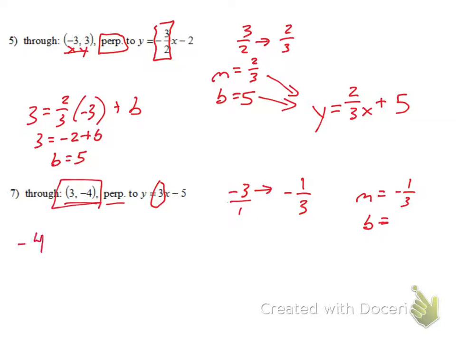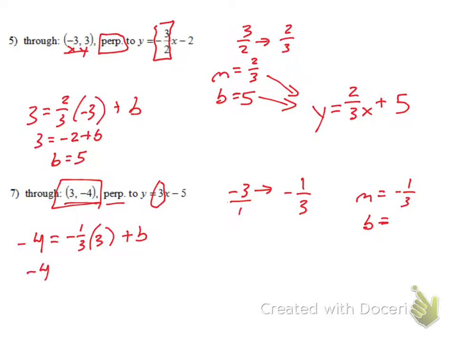So negative 4 is going to be equal to negative 1 over 3 times 3 plus b. Negative 1 divided by 3 is negative 0.3 repeating, times that 3 is 1. So that's going to be a negative 1.